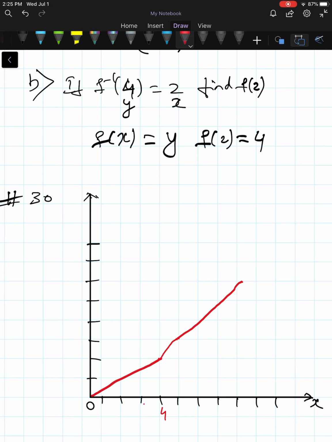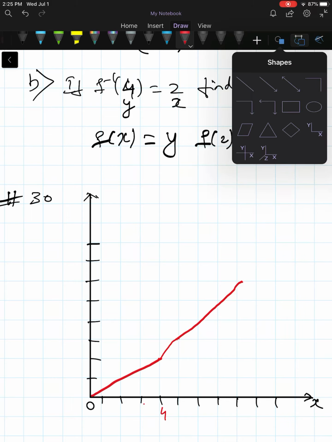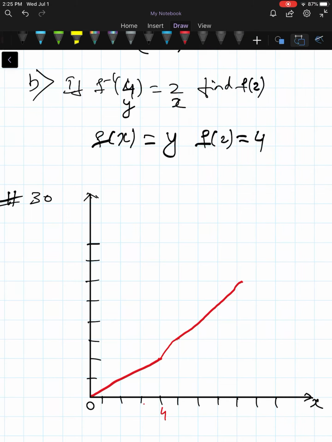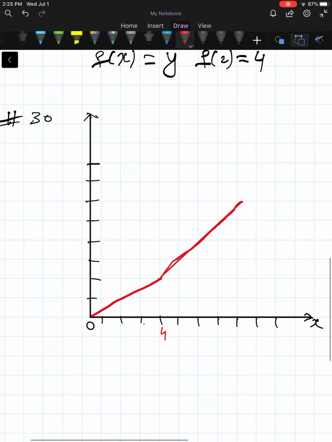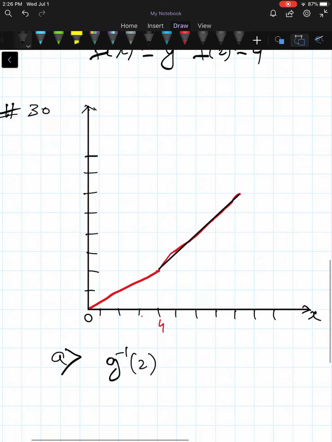Okay, imagine this line to be a straight line, or else I will draw a straight line. Yeah, the graph looks like this. So now we are asked to find out g inverse of 2. So what is g inverse of 2?